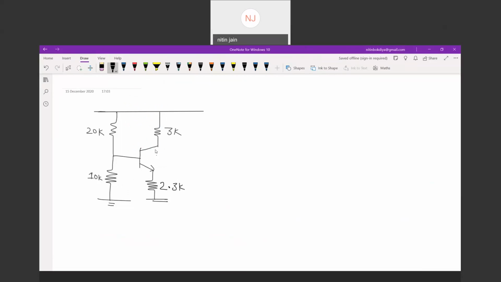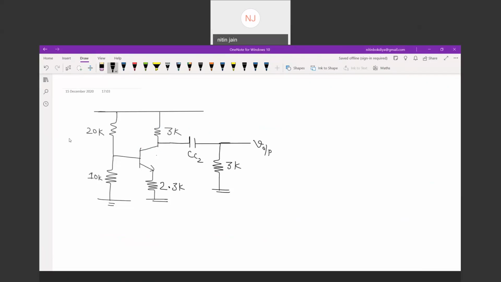Then a CC2 coupling capacitor is connected. Then a 3 kilo ohm resistance is connected. Then we are taking output from this terminal.